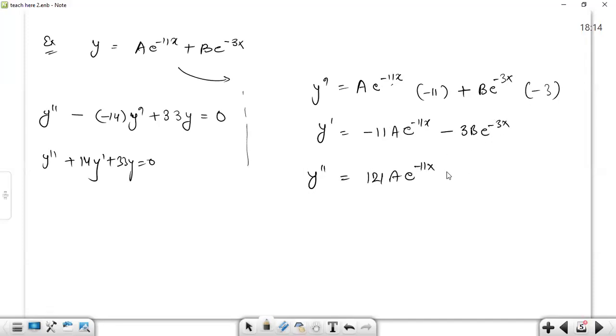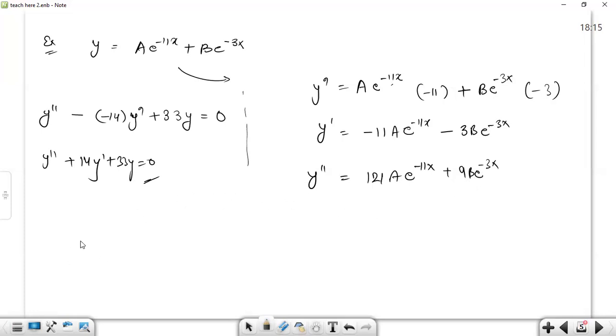Minus 3 will get multiplied by minus 3, it will make it 9b e raised to power minus 3x. Any doubts? No, sir. So this is our y double dash. Now y dash was this and y is this. So let's now solve for this and prove whether it is right or wrong.